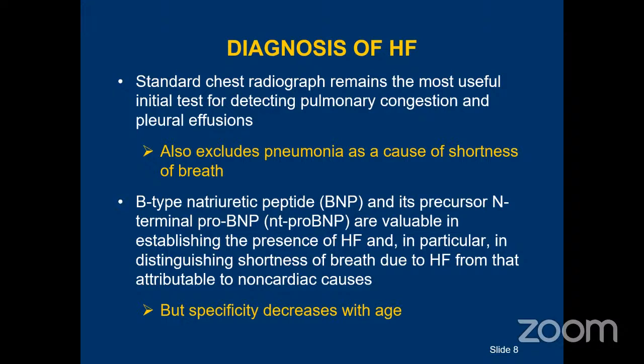But here again, the specificity decreases with age. What are the other tests we can do? We can do an EKG to rule out acute ischemia, MI, or atrial fibrillation, or look for left ventricular hypertrophy. And apart from that, we do routine tests like CBC, blood chemistry levels, troponin levels, and creatine kinase, just to rule out other causes.